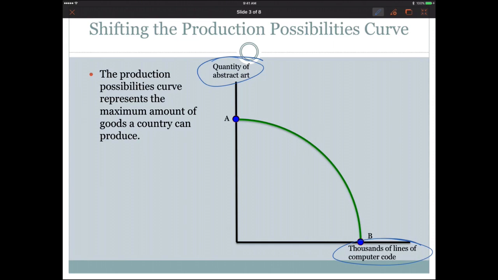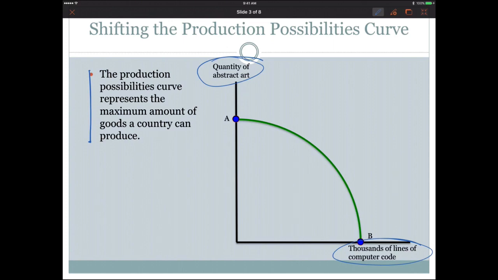The PPC curve represents the maximum amount of goods a country can produce given its available resources and technology and know-how. Point A represents the amount of abstract art we could make if we devoted all of our time just to making abstract art. Point B represents the amount of computer code we could write if all we did was sit around all day and write computer code.